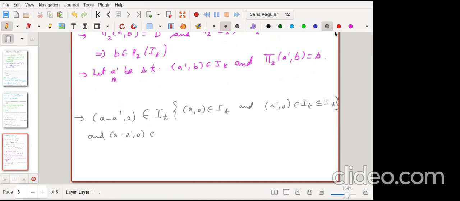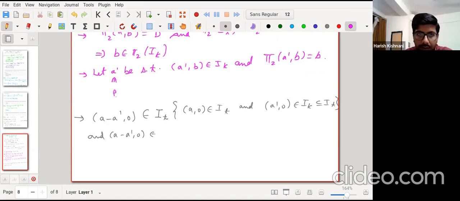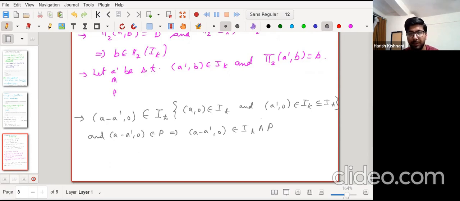Yes, sir. So this is inside your P, this is inside your P. This implies that (A minus A dash, 0) belongs to IT intersection with P, which is the same as IK intersection with P.